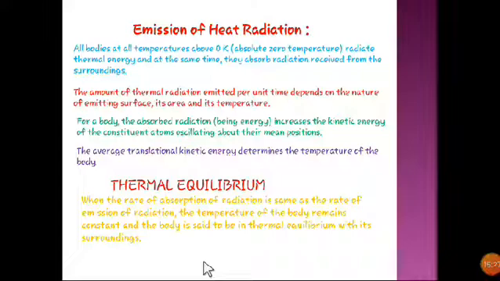We'll take a short example by which you will come to know what thermal equilibrium is. If we take a cup of hot coffee and put it on a table, what happens after 1 hour to that tea?